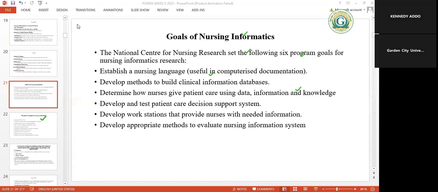So somebody has indicated that it makes work easier. It helps to retrieve patient information. It makes work faster. It prevents loss of information, and it saves time. And it has created a lot of space at the record departments.